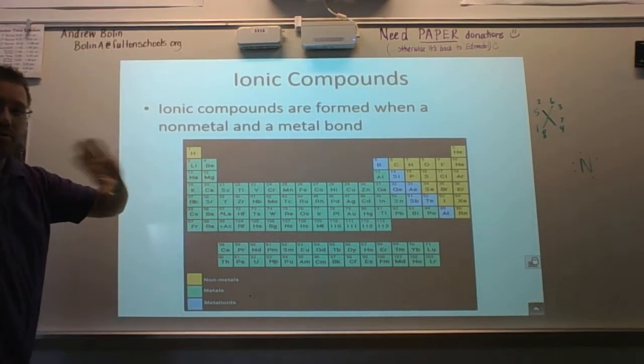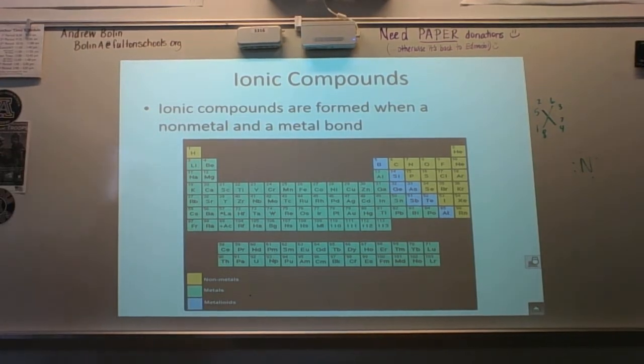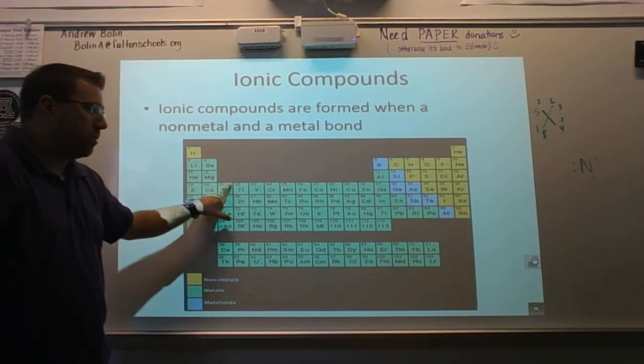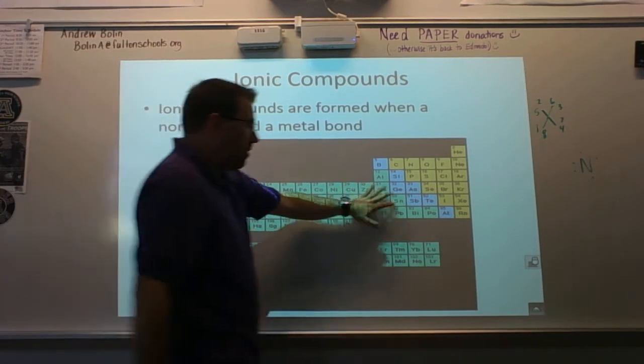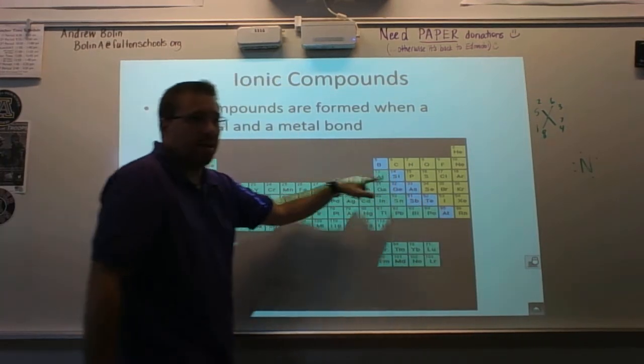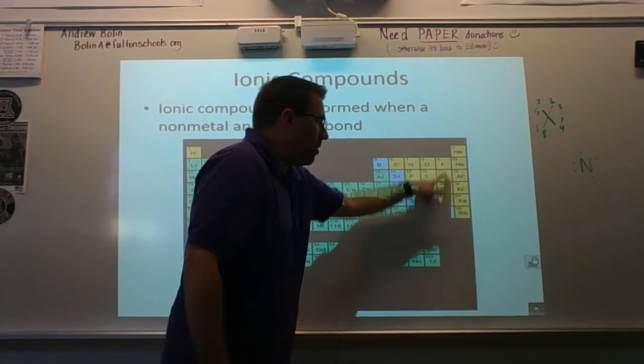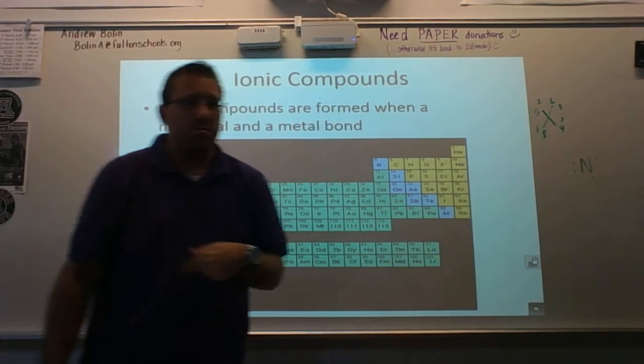The majority of your periodic table consists of what? Metals, right. So you've got a bunch of metals here. You've got the alkali metals, the alkaline earth metals, the transition metals, all the way over here. What are these right here? Your staircase elements are metalloids. And then here are your nonmetals, and then the last row is your noble gases.